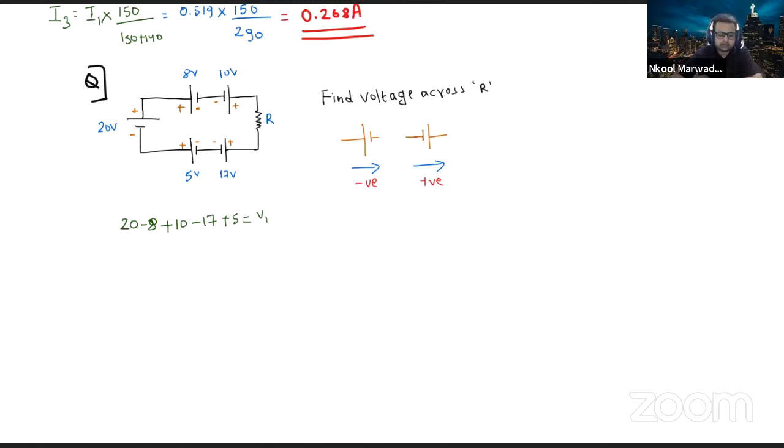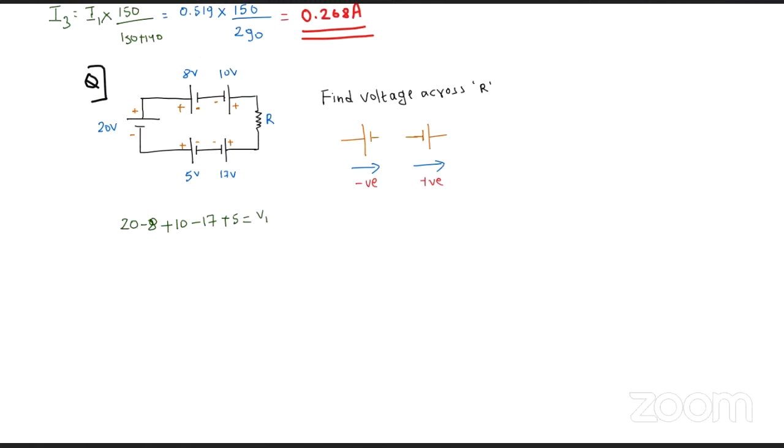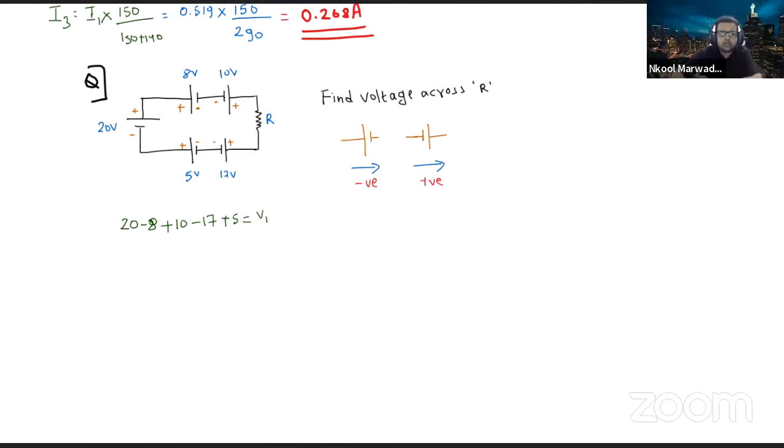Yeah, tell. Sir, I'm getting V1 as 1. Okay, let us cross check it. So it will be 30, so minus 3, minus 20.